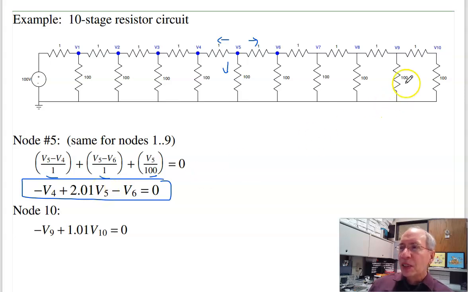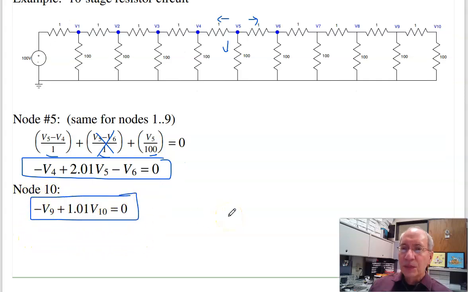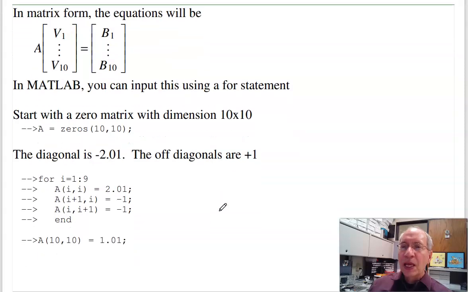The oddball is node number 10, because there's only 2 resistors attached. At node 10, this term goes away. So we just have V10 minus V9 over 1 plus V10 over 100 equals 0. That's my last equation. In Matlab, I can solve.